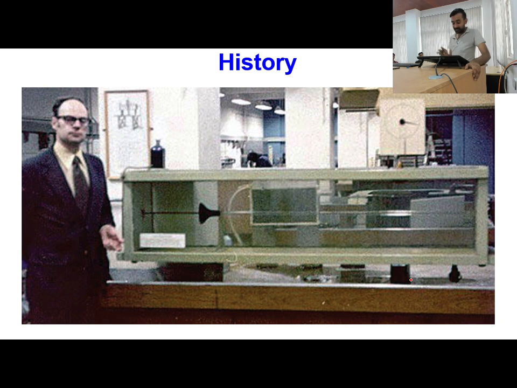This is a photograph of the original experimental setup of Reynolds, taken in 1975 at the University of Manchester, and this is Leonard, who is standing in front of this experimental setup and doing the experiment.